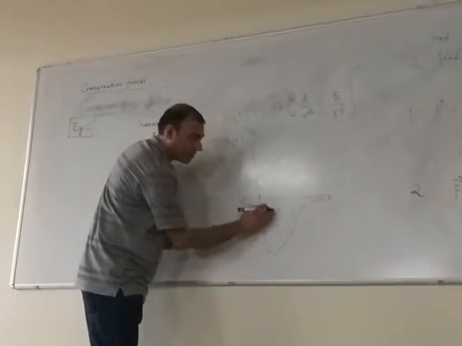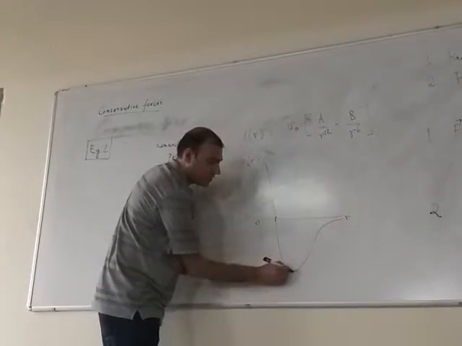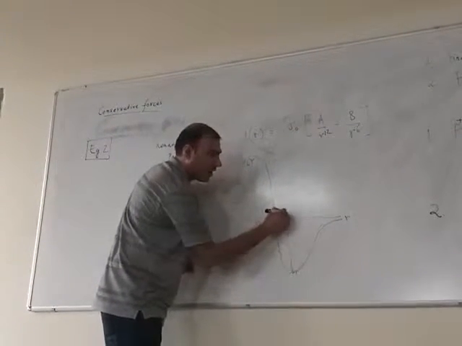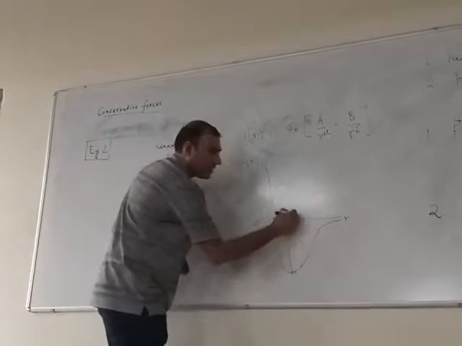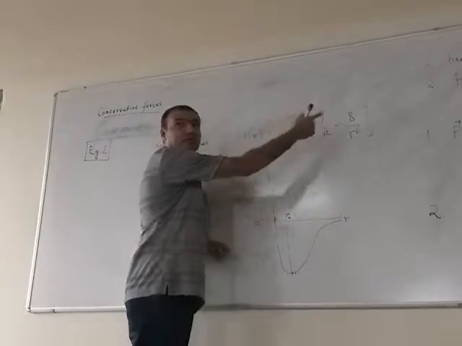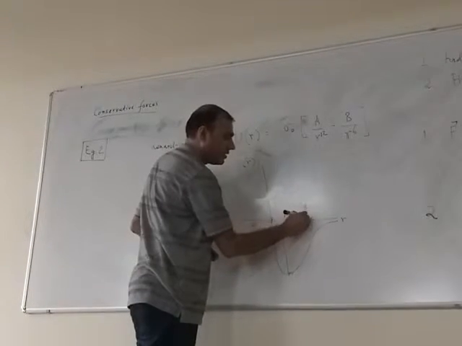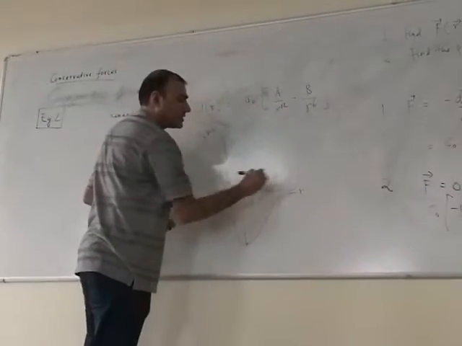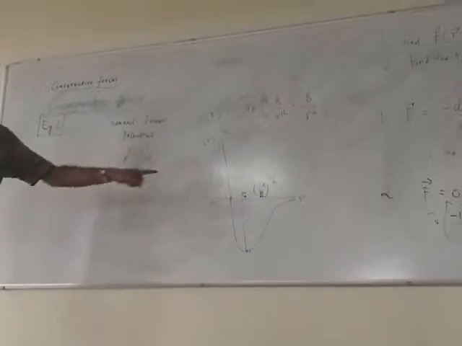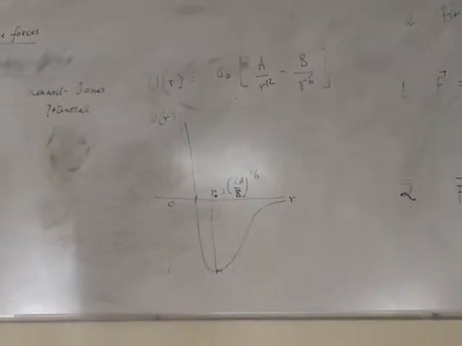And you see the position is right here, right at the bottom. So this is your r naught. The value of r naught in terms of all these parameters is (2A/B) to the power 1/6. So that's my equilibrium point.